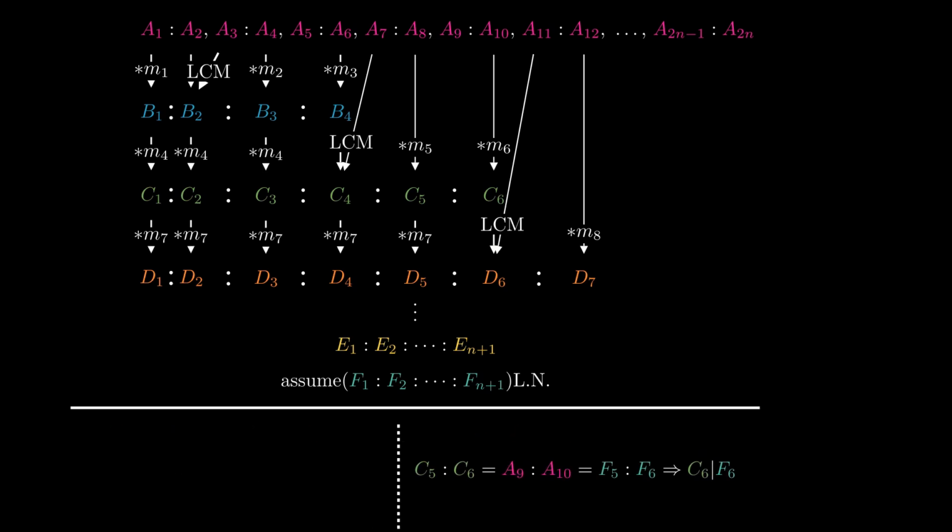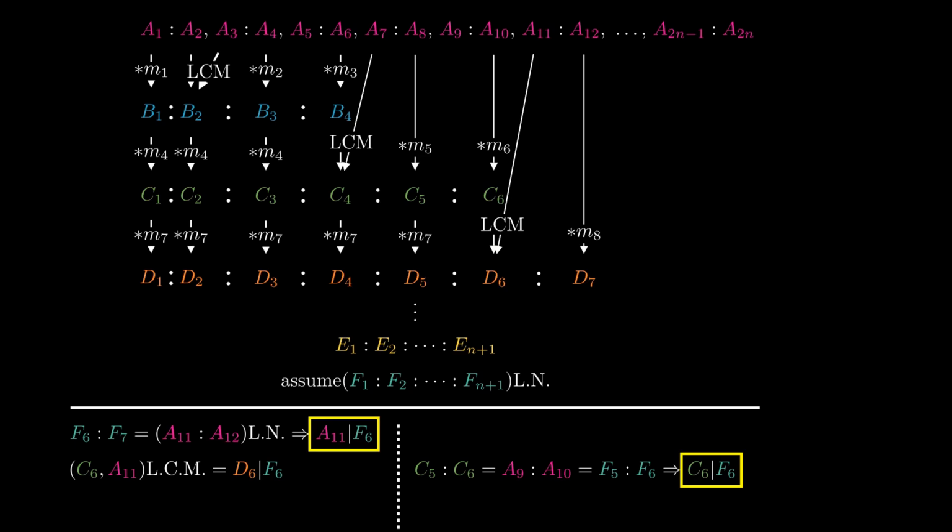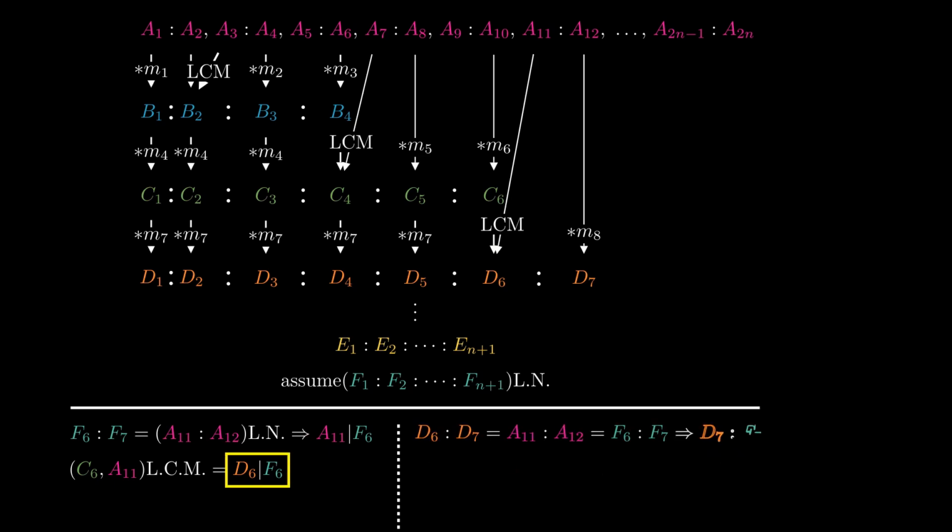At this point, a11 does not measure c6. So we note that since f6 to f7 is proportional to a11 to a12, which is in least numbers, a11 measures f6, which means the least common multiple of c6 and a11, d6, will measure f6. d6 to d7 is proportional to a11 to a12, which is proportional to f6 to f7, so d7 measures f7.